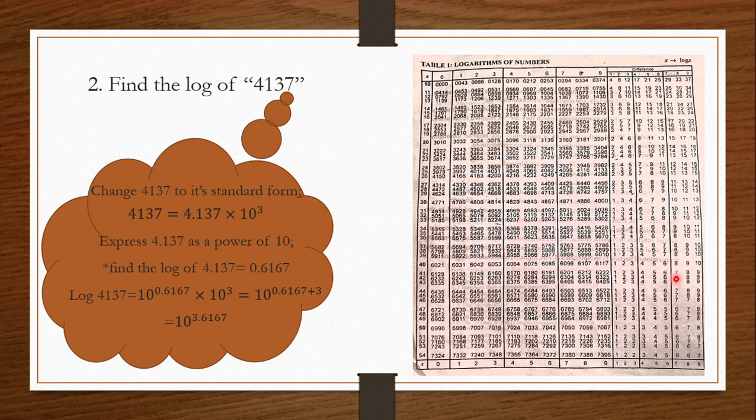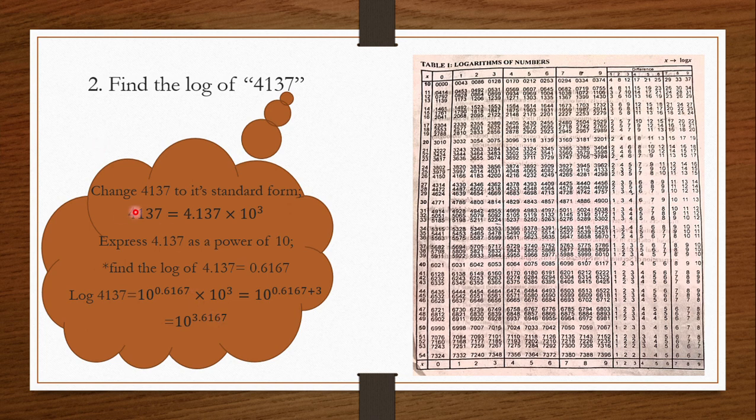That's 6160 plus 7, which is 6167. That's our answer, so our answer will be 3.6167. See it here, I've gotten our answer myself.